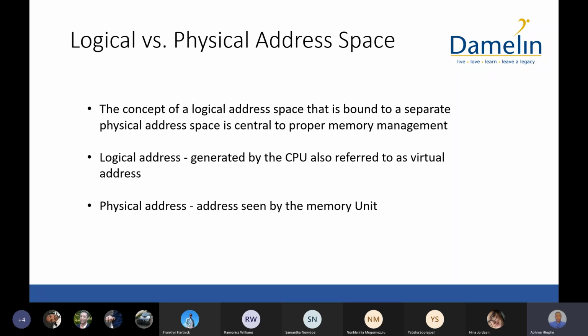And then we also have physical addresses. This is what is actually physically there. It's in the RAM. It's a physical chip, which means when you open up the computer, it's a physical component that has those address spaces. So that is the significant difference between logical and physical address spaces. Logical address spaces, we can say, are created at runtime or borrowed by the CPU from the hard disk.